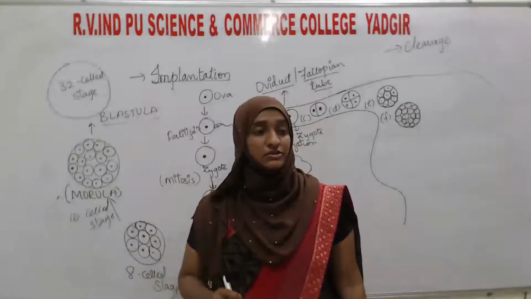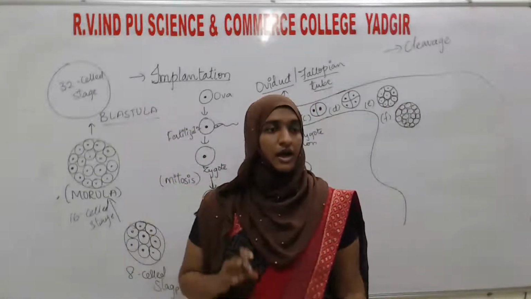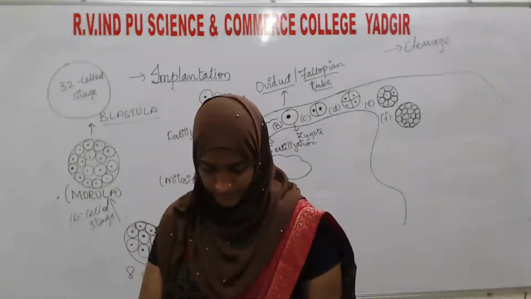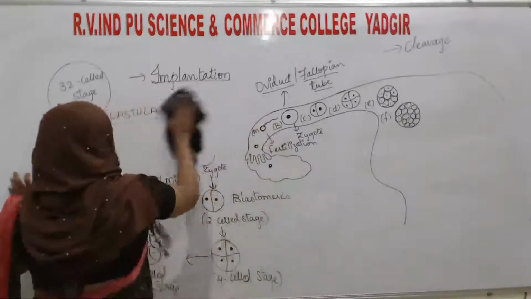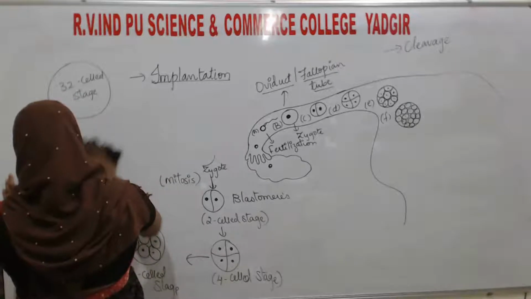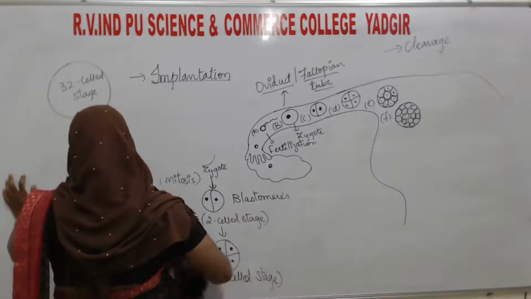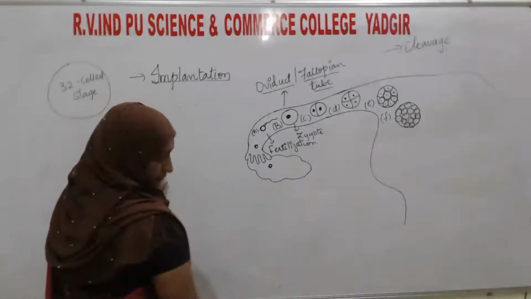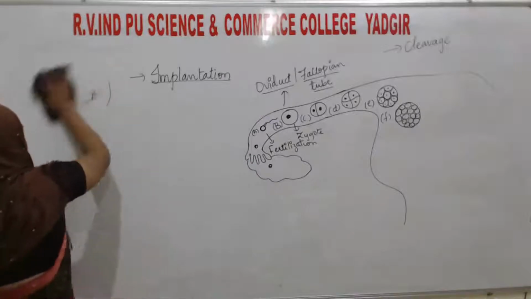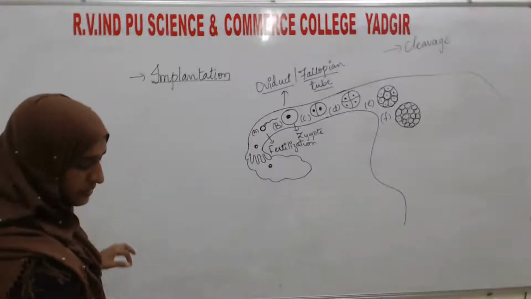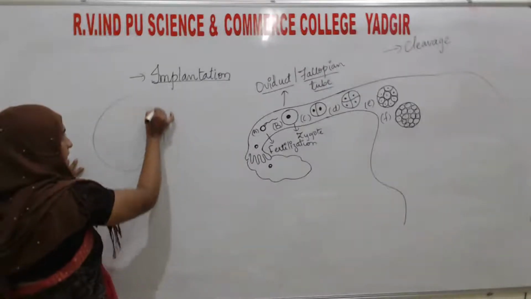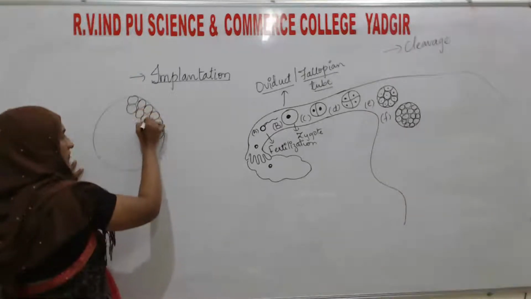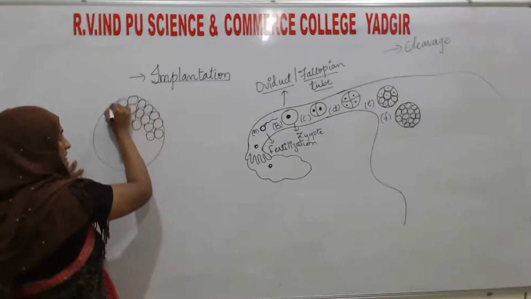This blastula will change into the blastocyst. How is it going to change into the blastocyst? Let's see here. This is the blastula with the 32 cells, a full mass of cells or ball of cells, we can also say.